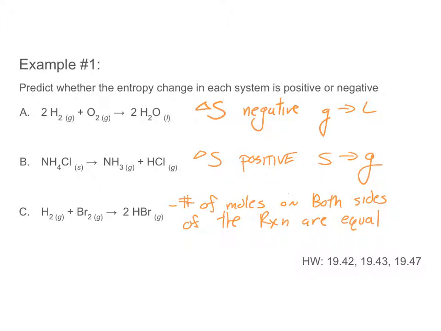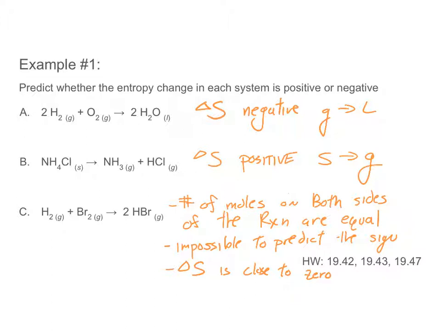Because the number of moles on both sides of the reaction are equal, we would say that it's actually going to be impossible to predict the sign, but if we were pressed to venture a guess, we would say that delta S is close to 0, but we would not say which side it's on.